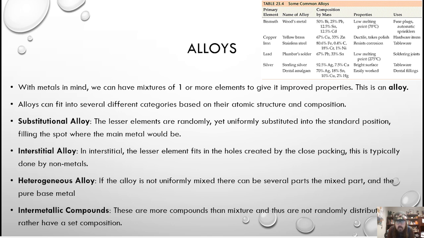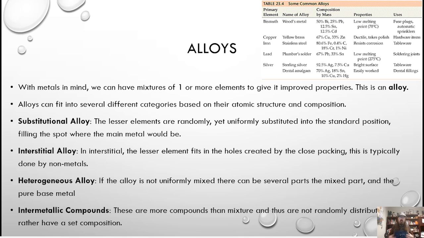It could be lead, tin, lead, lead, lead, tin, tin, lead, tin, lead, lead, tin, and so the average works out to the same, but it's randomly and uniformly mixed. So it's not just tin stuck all on one side, it's mostly lead and tin mixed throughout, replacing some of lead's spaces. And of course, the size of tin compared to lead changes the properties, changes how it's packed.